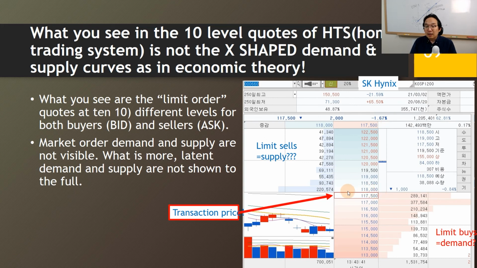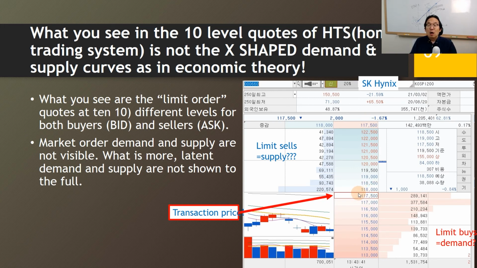And then here you see a red box. What is that? That is a transaction price that took place just a second ago, 1 second or millisecond. Every second there is an equilibrium hit, and then they transact with each other, right? Supply and demand meet somehow and get transacted. But what do you see on the vertical axis? These are the price levels, quote levels, let's say.